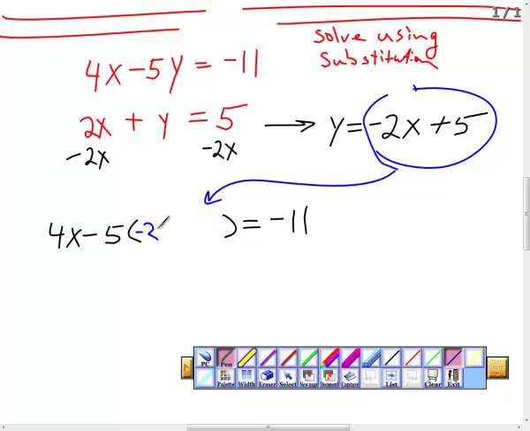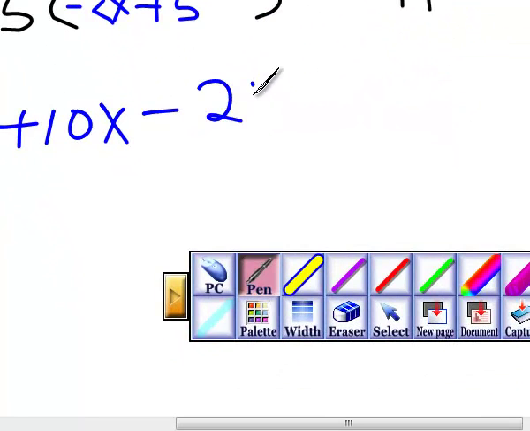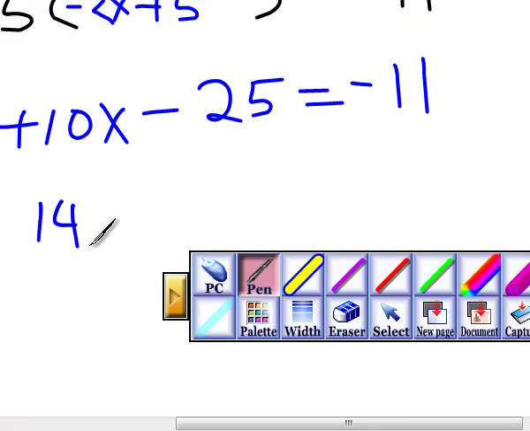The negative 2x plus 5. So we get 4x, and a minus 5 minus 2 is going to be plus 10x minus 25 equals a negative 11. And so we solve from here, right?